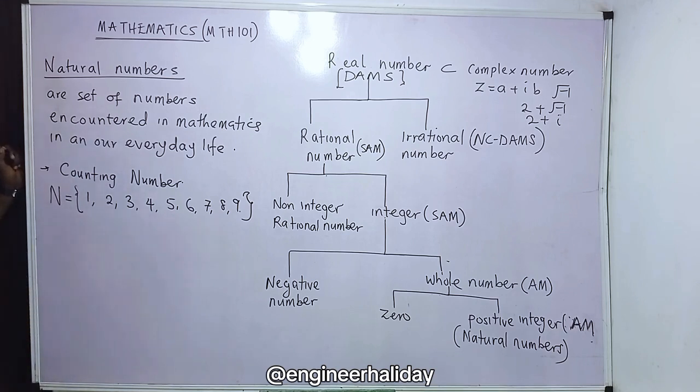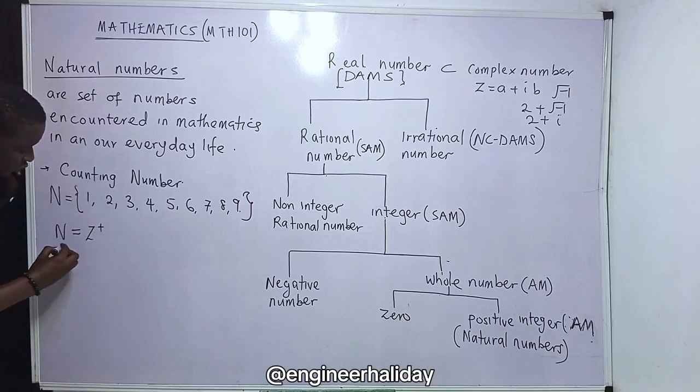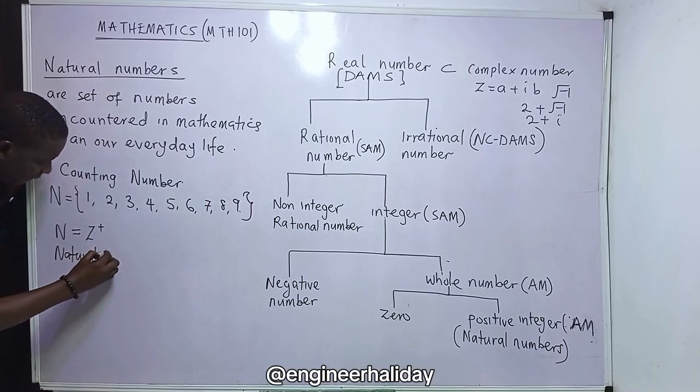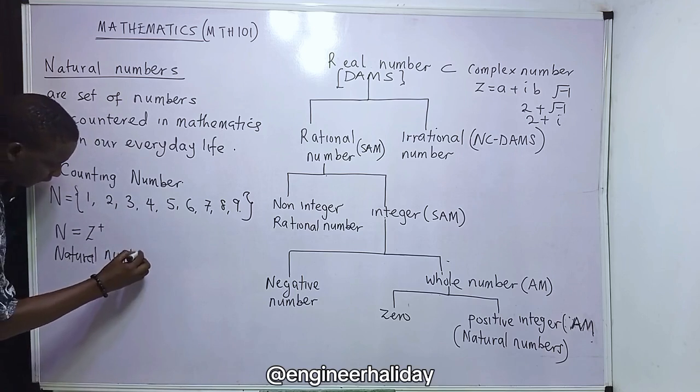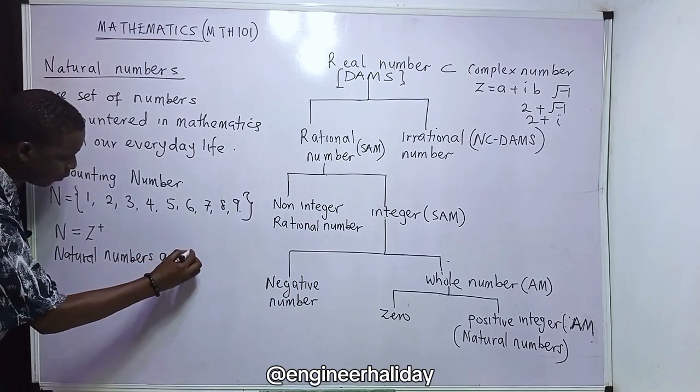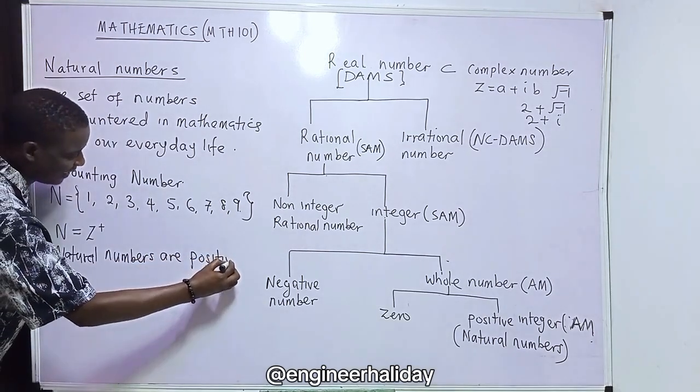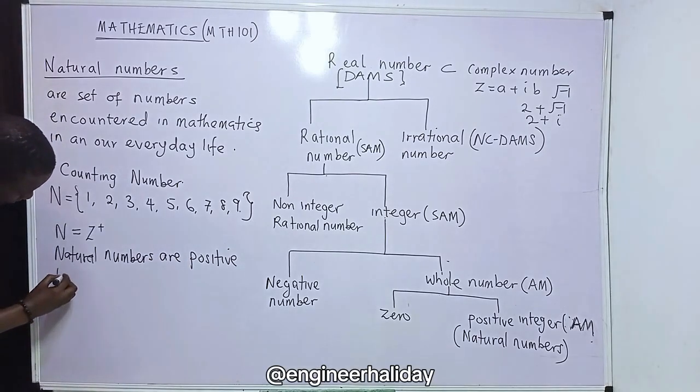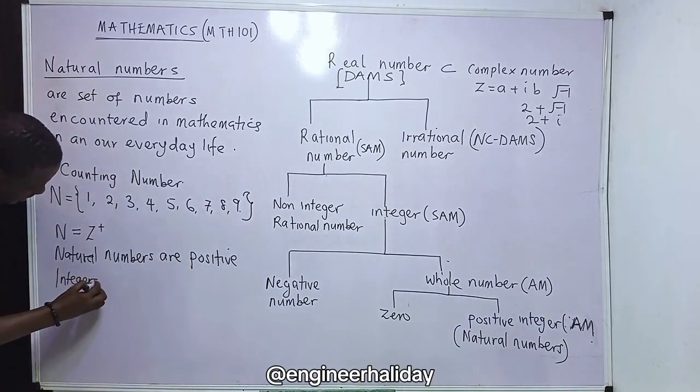Now, don't forget that natural numbers are equal to positive integers. Natural numbers are positive integers.